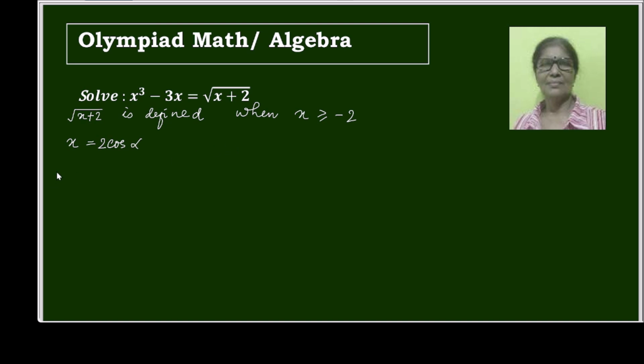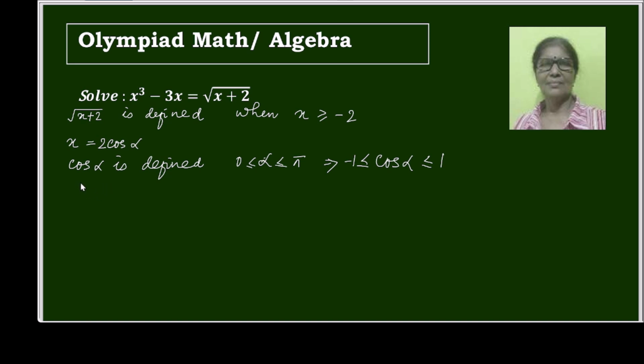Now, cos alpha we know is defined for alpha in the principal value range, and cos alpha is minimum -1 and maximum 1. So we have to take care of this range or domain of the function.